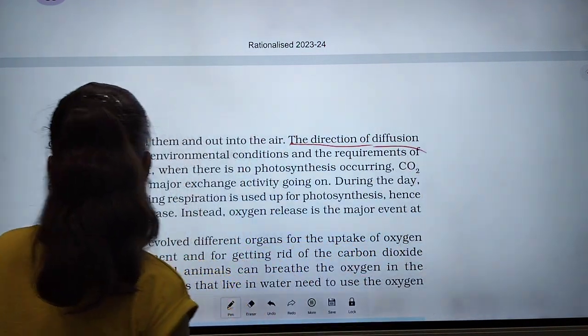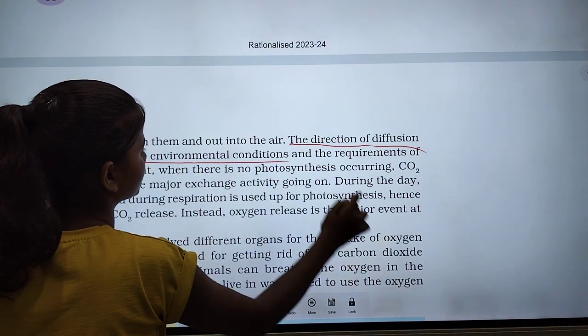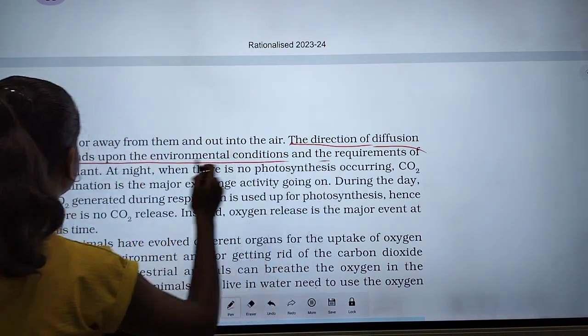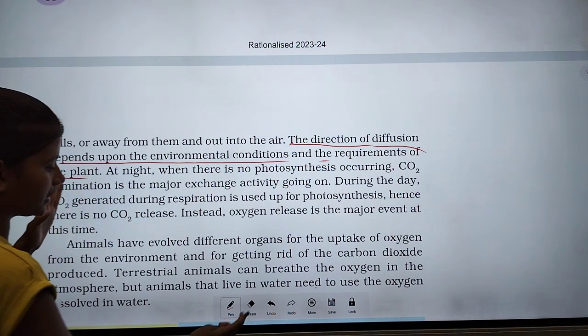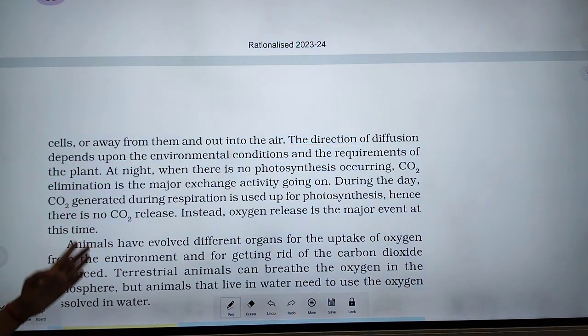The direction of diffusion depends on the environmental conditions and the requirements of the plant, what the plant actually wants.